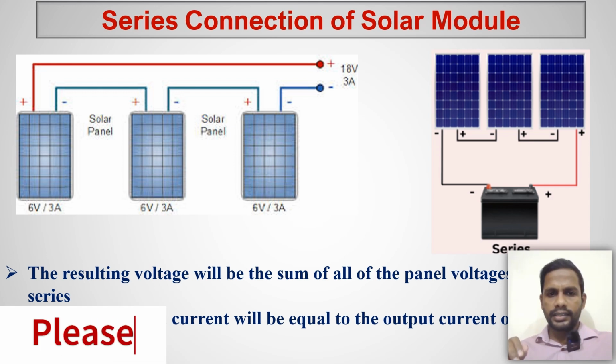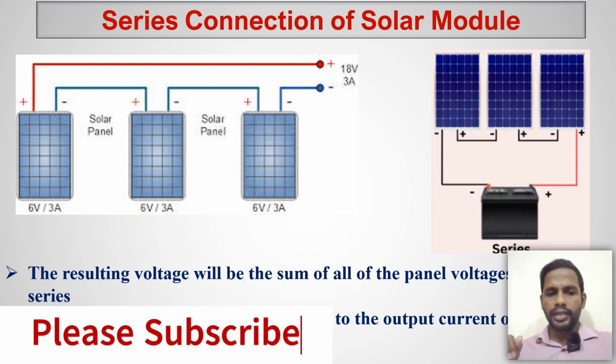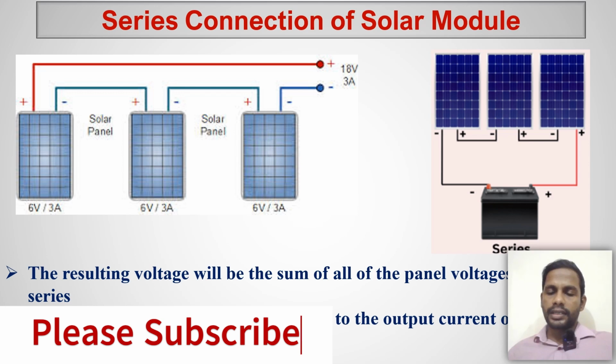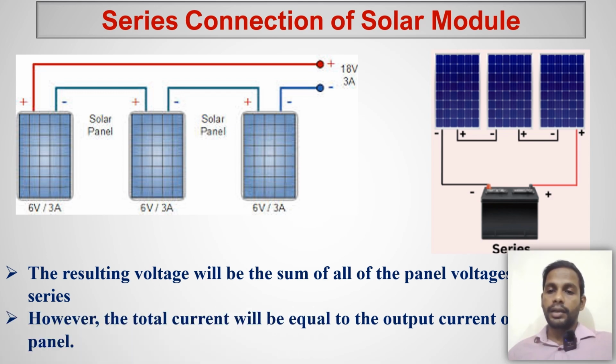Here in this series connection, look at three modules. We have 6 volts each. Because each is the same, 6 volts and 3 amperes, we will get 18 volts. 6 volts times 3 modules becomes 18 volts. Here is a simple diagram of how the solar PV is connected to the battery in series. In series connection, you connect the plus and minus of neighboring solar modules.